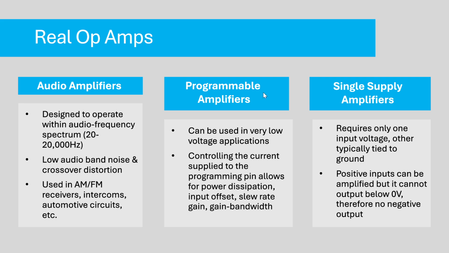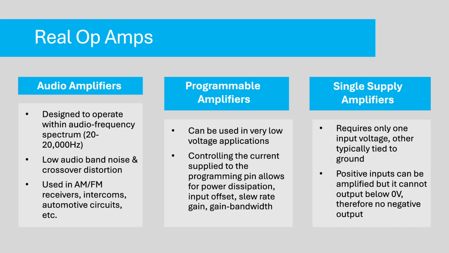The next real life operational amplifier that I want to talk about is programmable amplifiers. These can be used in very low voltage applications, which is a huge benefit of them. And basically by controlling the current supplied to the programming pin, we can allow for tons of different changes to the circuit.